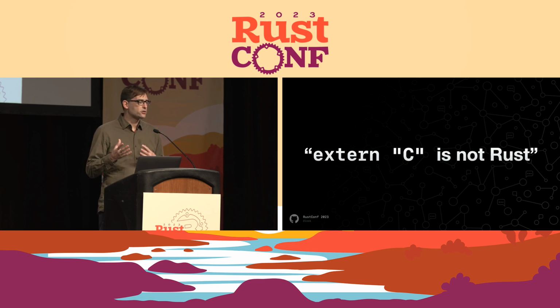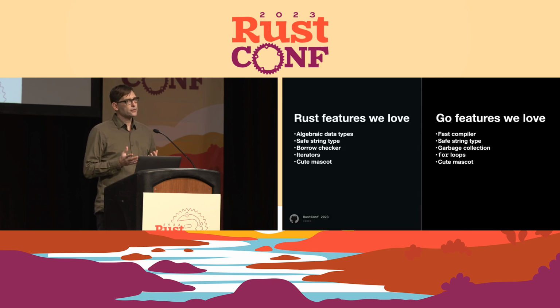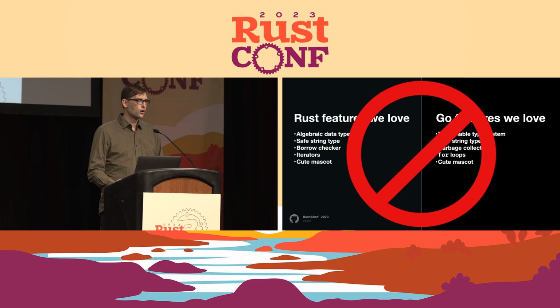Of course it is, but all of the great things that you love about Rust, the safety and the types, a lot of that you don't get to use anymore because it's inherently unsafe. In fact, both of these languages have features that we love to help us make robust software systems, both Go and Rust. Well, when you use FFI, you can pretty much forget about all of this stuff.